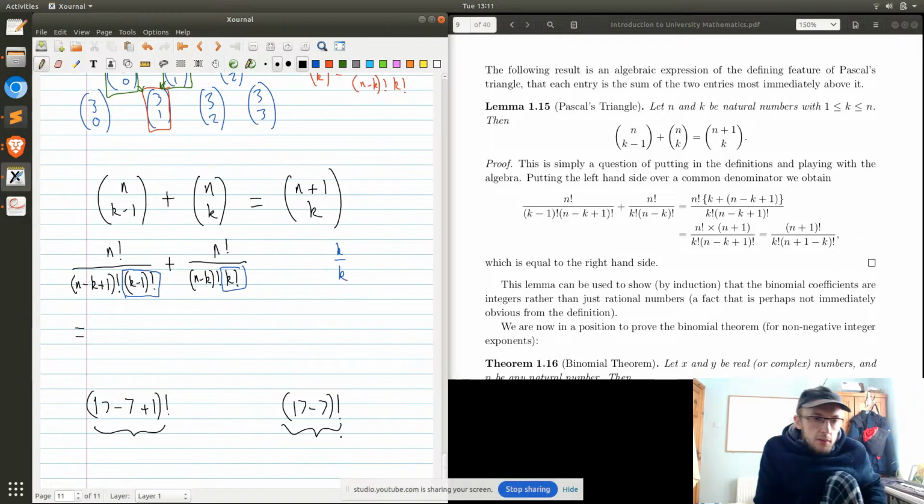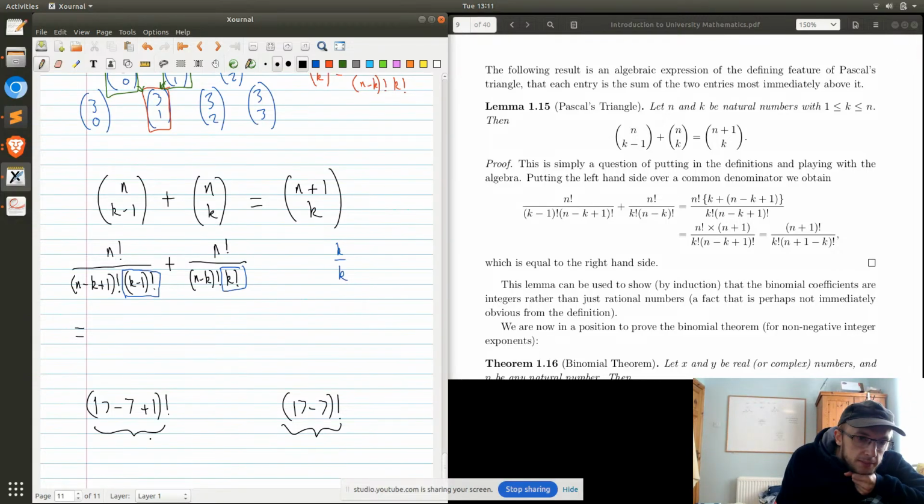What's the relationship? Well, this one over here, you have to multiply it by this, don't you? Because that's 10 factorial. That's 11 factorial. And so you have to times this by 11.